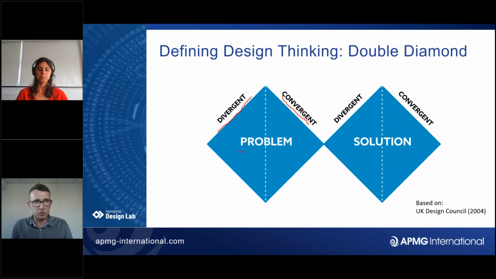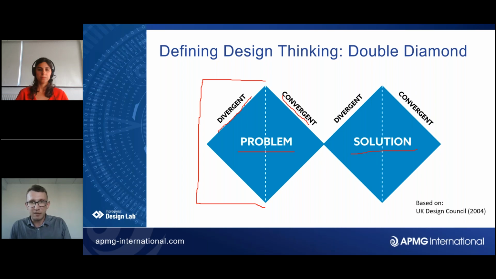The first diamond is the problem diamond and the second is the solution diamond. Divergent thinking is focused on exploring and expanding knowledge, doing as much research as possible, and it works that way in the problem diamond.